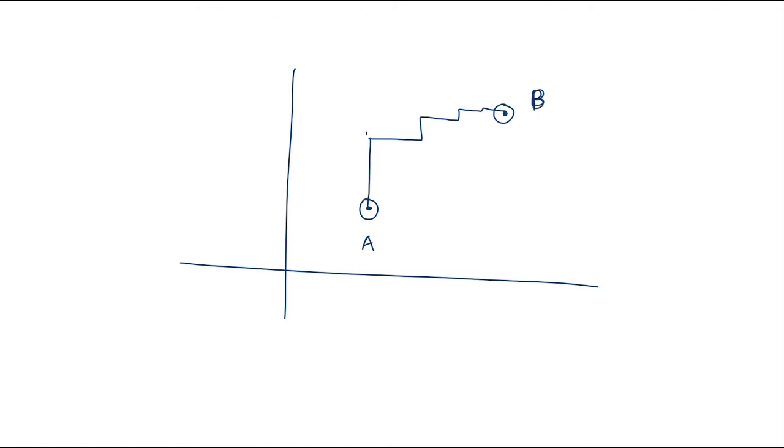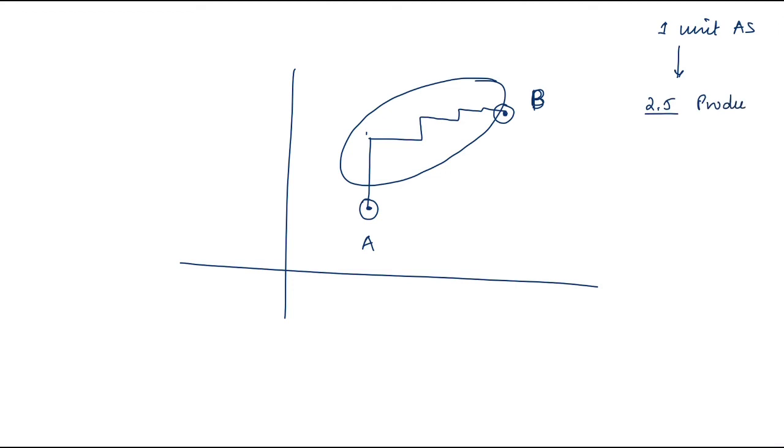There are oscillations in between. And because of these oscillations, this is where the multiplier effect actually comes into play. It multiplies every single movement, and therefore the 1 unit increase in AS leads to an ultimate increase of 2.5 in total production, which is of course greater than 1. This is how the multiplier really works.